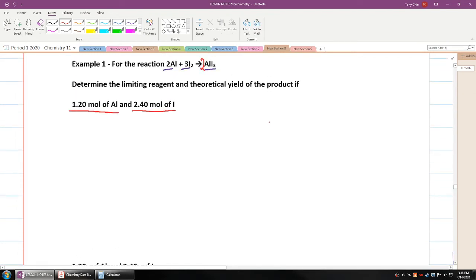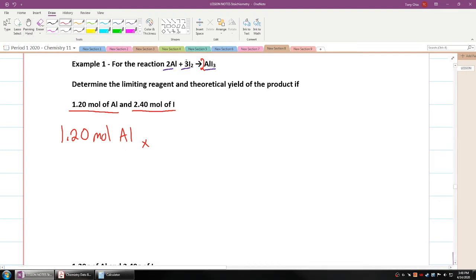These units are already in moles. So we want to take 1.20 moles of aluminum and cross the mole bridge to find moles of aluminum iodide. That's one of the products. Sometimes you're going to have more than one product, so you have to choose which product to convert to. Let's convert to aluminum iodide.